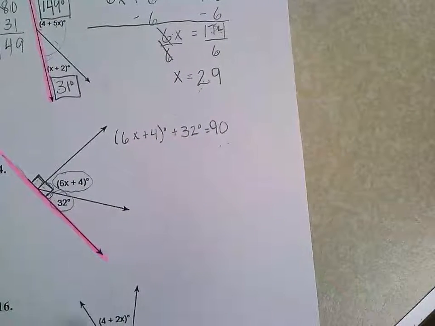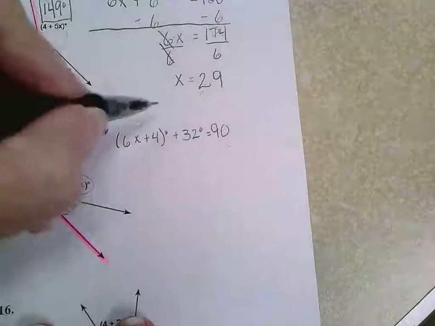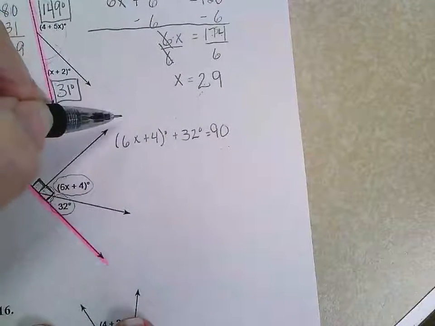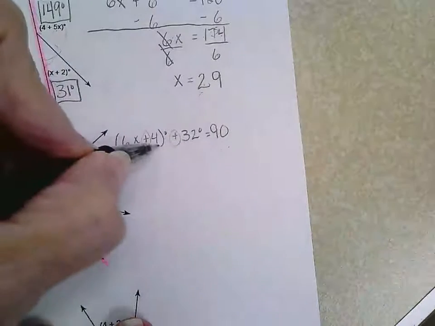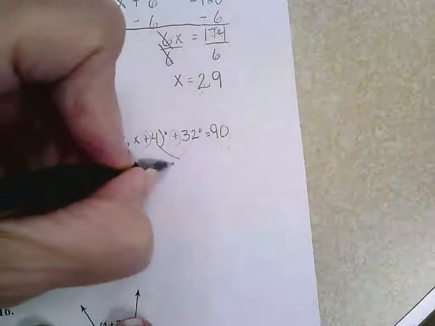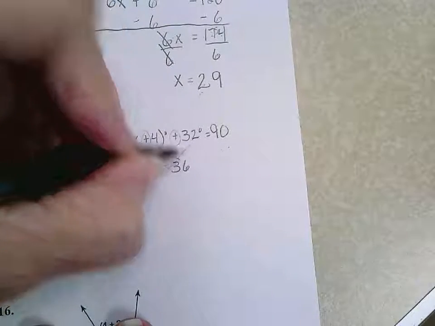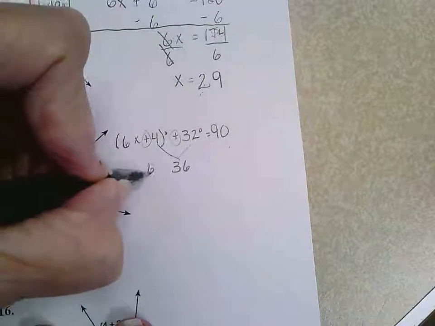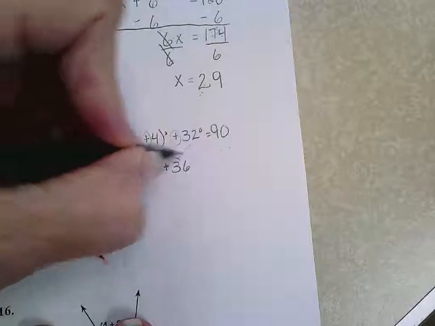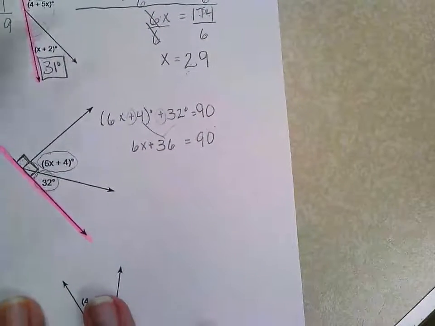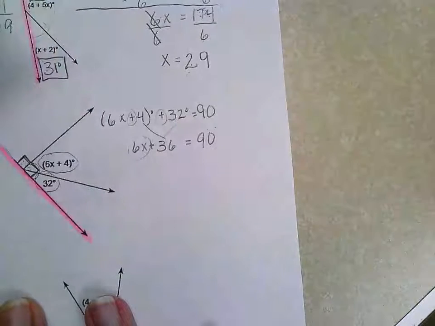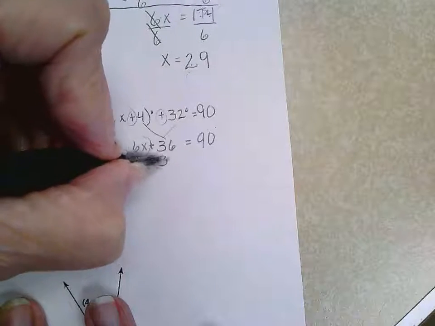And then I'm going to solve. I'm going to combine my like terms. Because I'm adding the whole way, I can simply combine these two to get 36, and 6x is equal to 90.